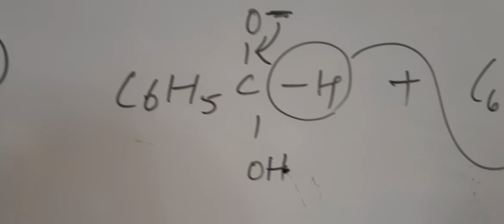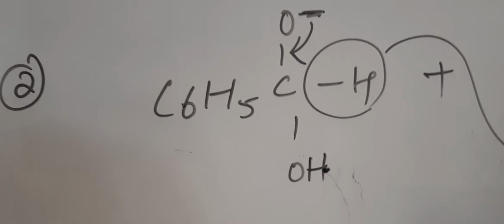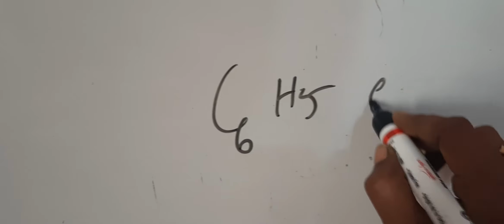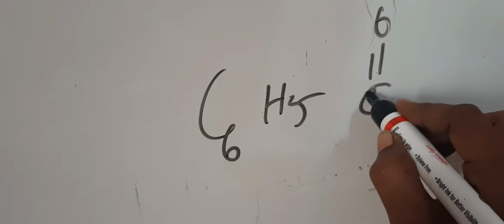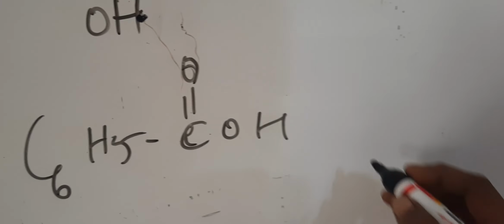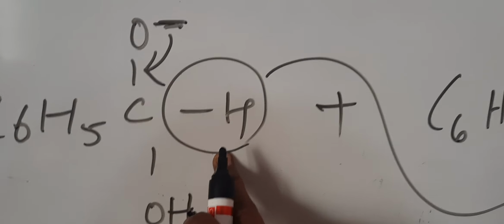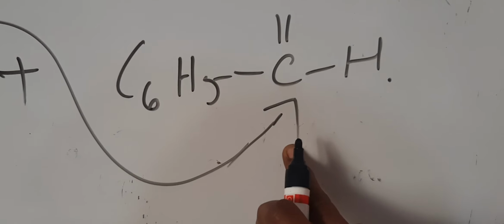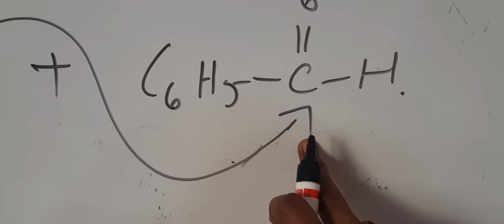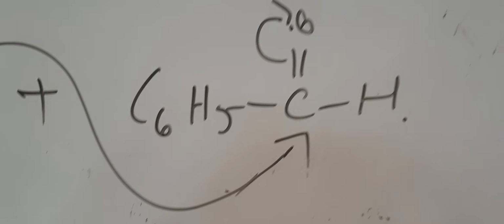What do I get then? C6H5 C double bond OH, which is benzoic acid. C6H5 C double bond O OH, benzoic acid. Since this hydride ion transferred to this carbon, the double bond will shift over to the oxygen.